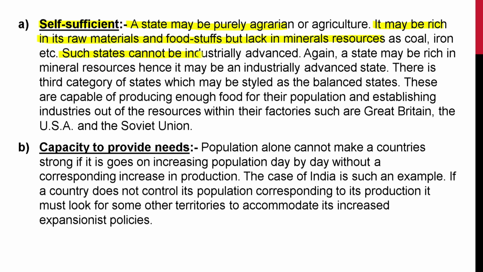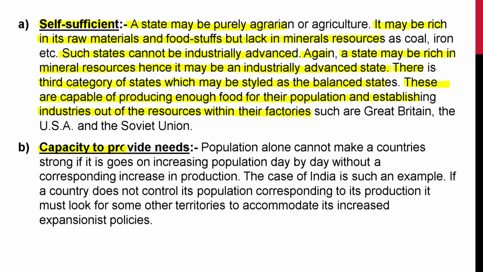Such states cannot be industrially advanced. Again, a state may be rich in mineral resources, hence it may be an industrially advanced state. There is third category of states which may be styled as the balanced states. These are capable of producing enough food for their population and establishing industries out of the resources within their factories.